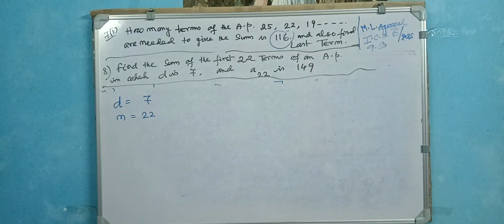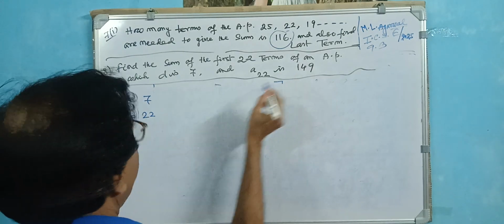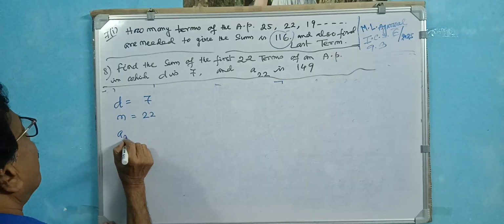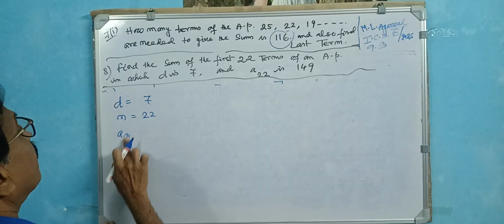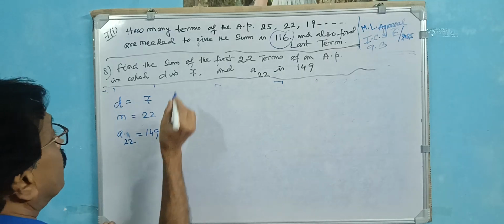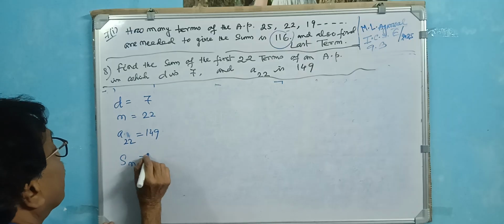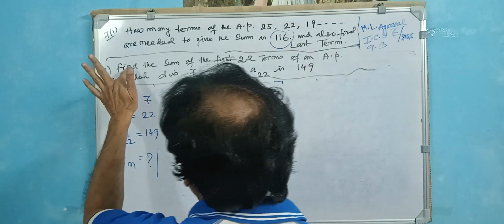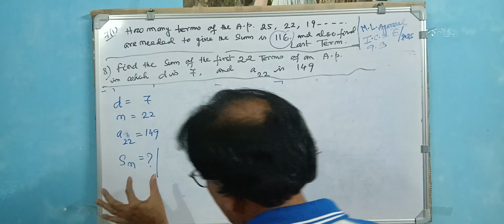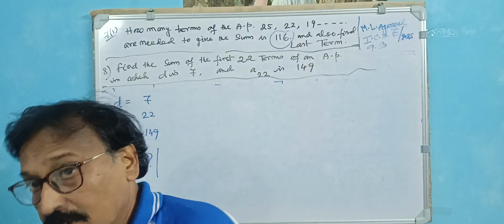Is that clear? And a22 is 149. Find Sn, the sum of the first 22 terms. The value of the 22nd term is given.